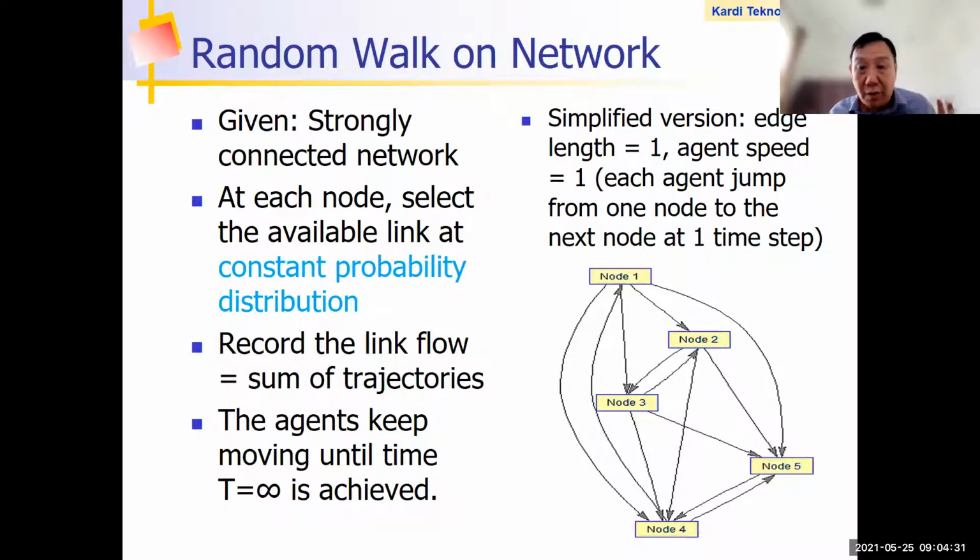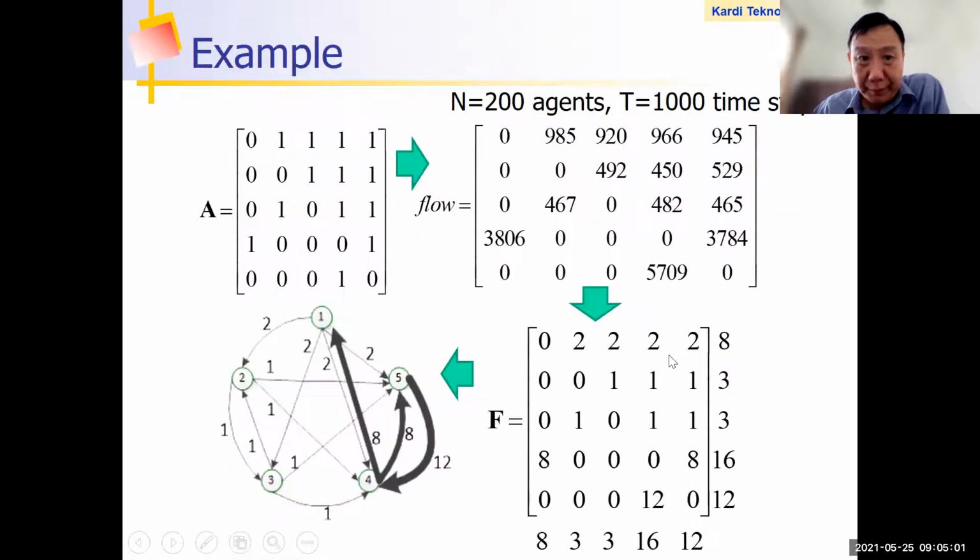Say you have 100 agents, and the agents keep moving until time infinity. In this simplified version, the edges have length 1, and the agent speed is 1. And what will happen?